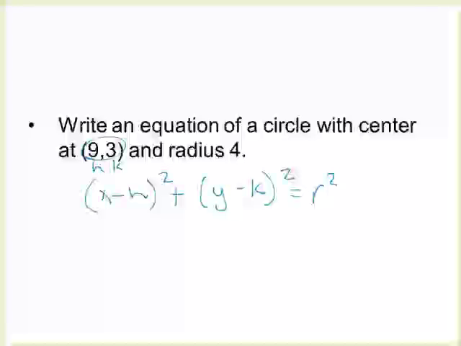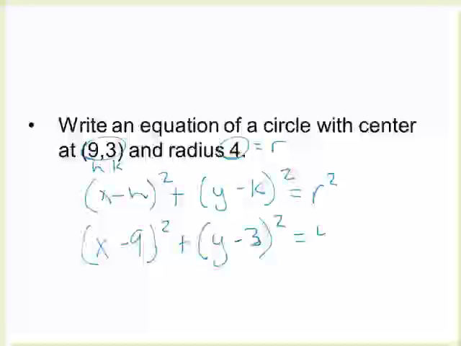So I can plug in a 9 in h's spot and a 3 in k's spot. The radius is r. So I can plug in a 4 in r's spot.